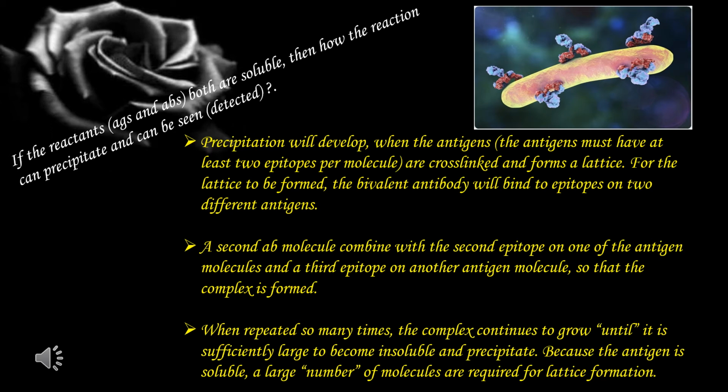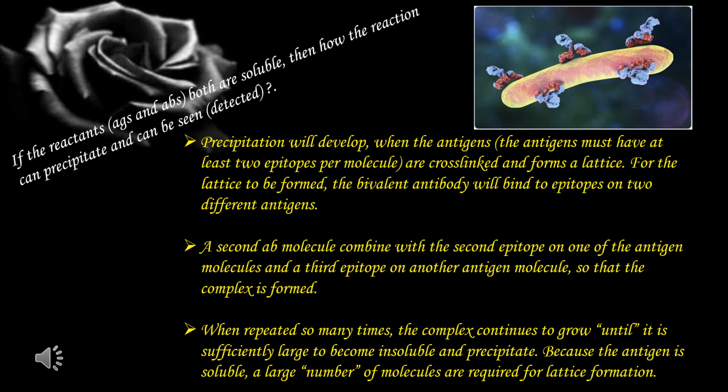Looking at this question, we have an answer: precipitation develops from the antigen and antibody reaction when the antigen has at least two epitopes per molecule so that it can easily cross-link with the antibody and thereby form a lattice through the binding of antigen and antibody. For the lattice to be formed, the bivalent antibody will bind to the epitope on two different antigens that are present with it.